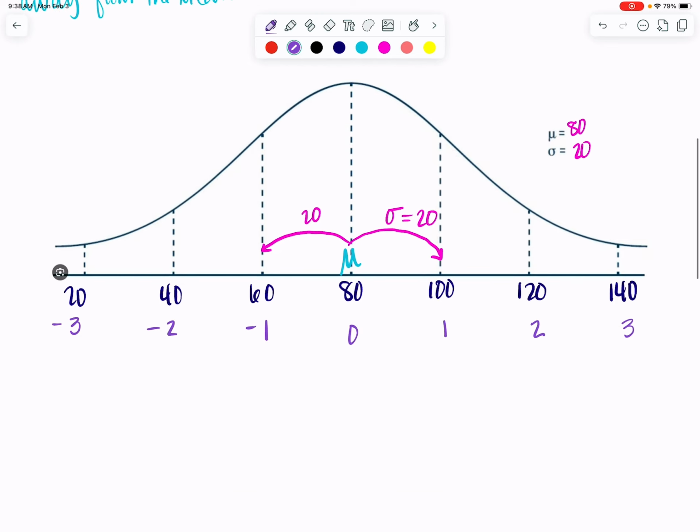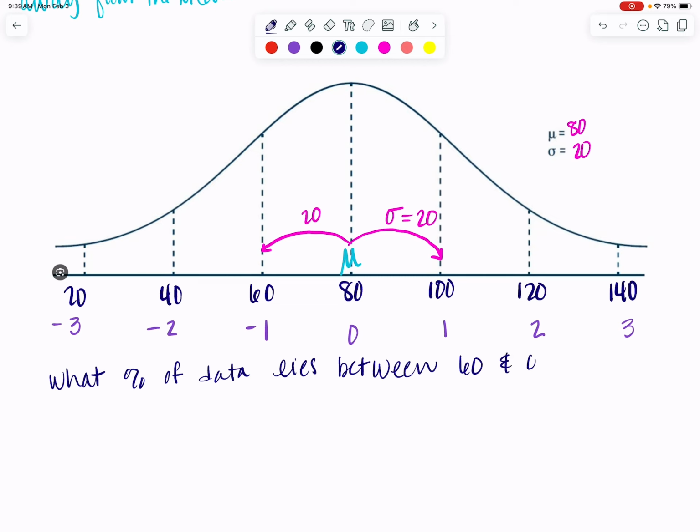Now, let's say my question says, what percentage of data lies between 60 and 100?